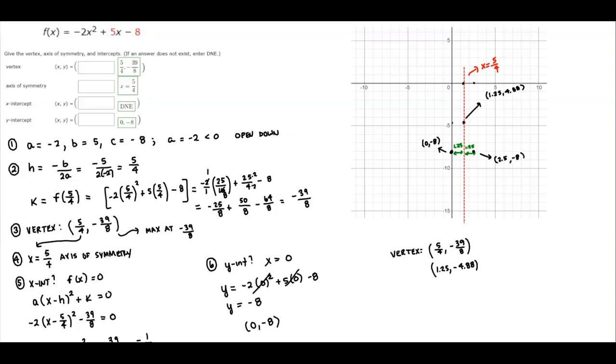And that allows us to then create our parabola. So there is our parabola going in this direction, which is going downward. Okay, so therefore there is our parabola.